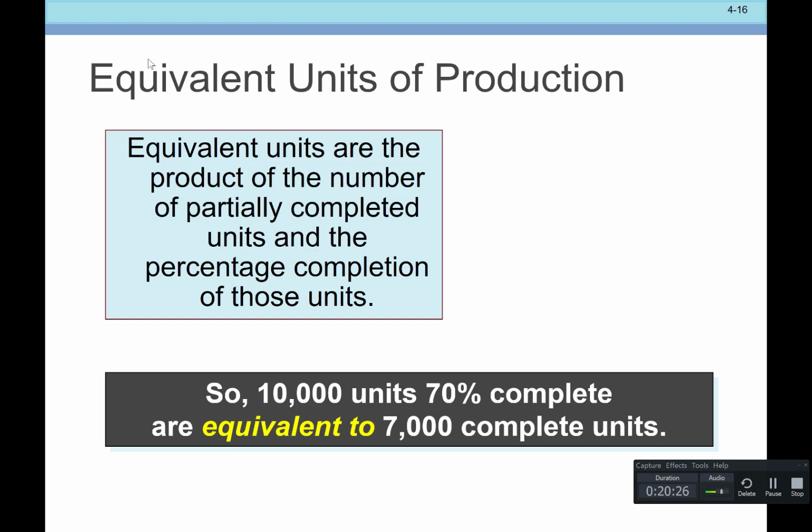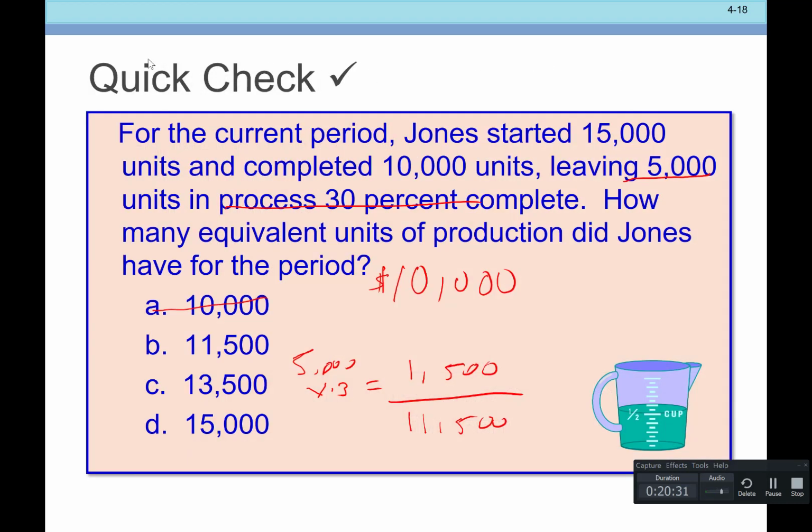Let's take a look at this example problem. They tell us that we have completed 10,000 units, and we have 5,000 units in process that are 30% complete. What are the equivalent units? I shouldn't have put dollars on here. These are not dollars, these are units, right? 10,000 units.